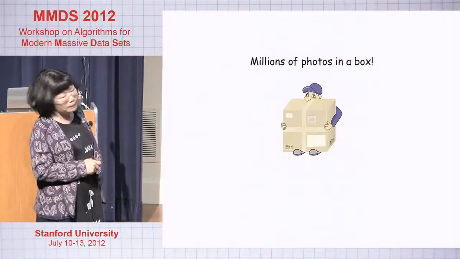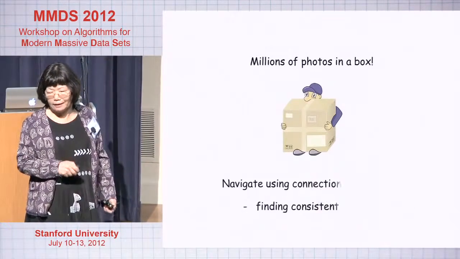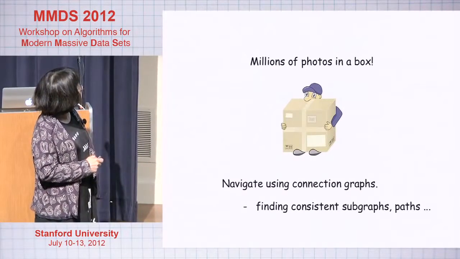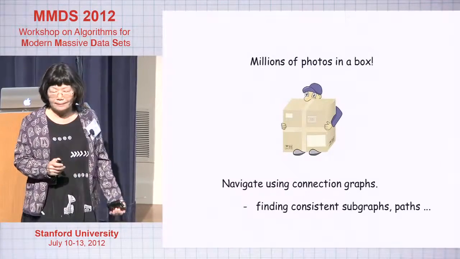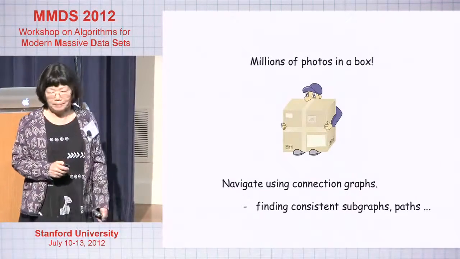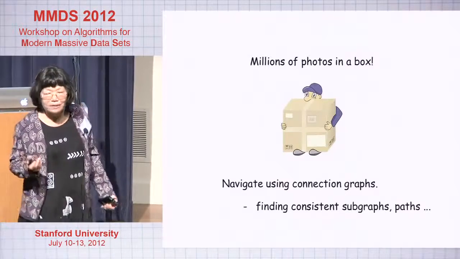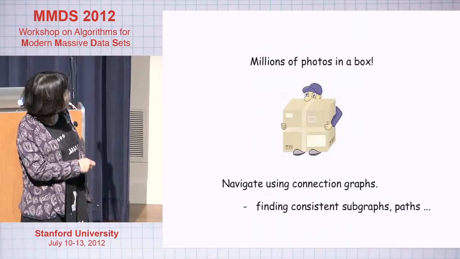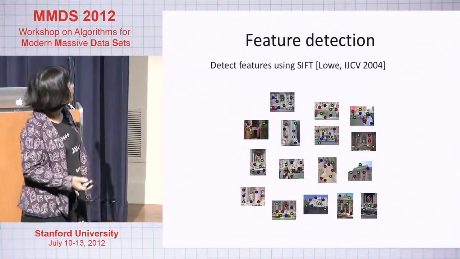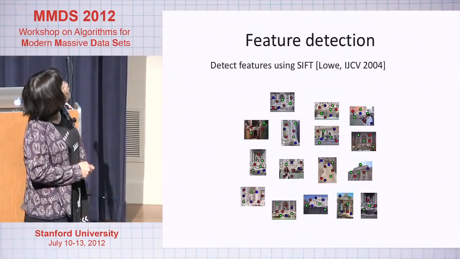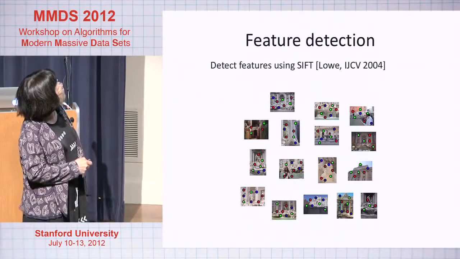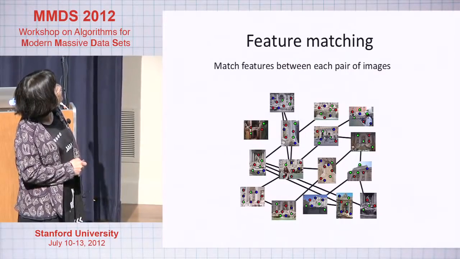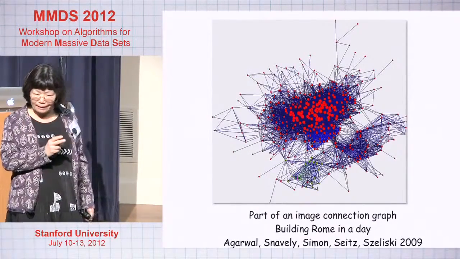For example, when you want to deal with a large number of pictures, and I think some people say there are billions of them out there nowadays, how do you find these consistent paths? How do you get through the box? There are many methods people use for detecting features to reduce them into vectors to make the connection graph.